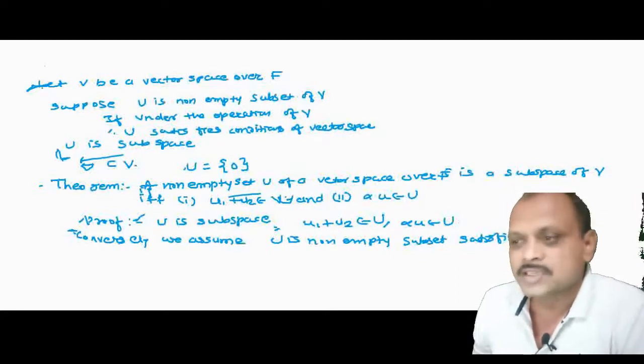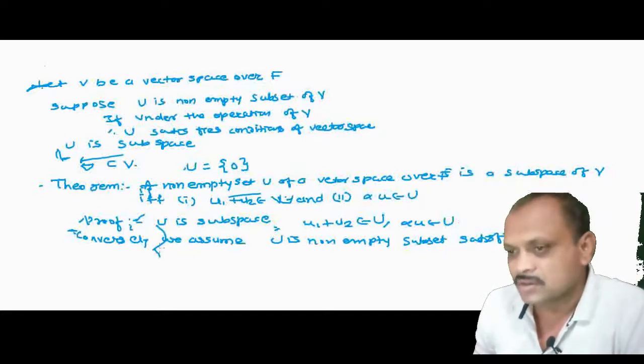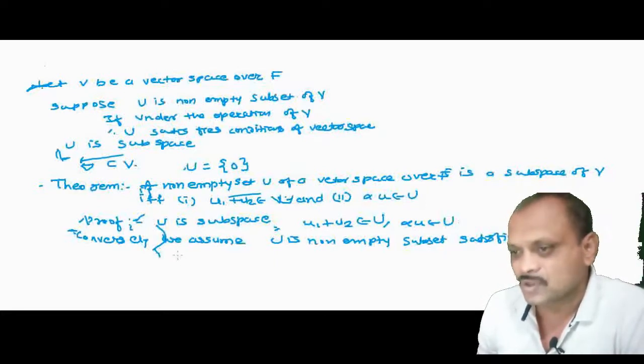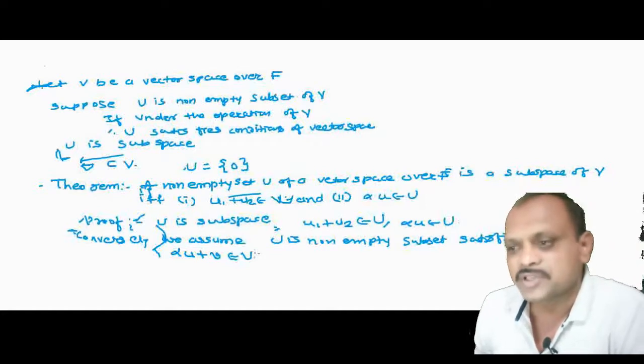Now we see that by the first condition alpha u belongs to U, and u by the second condition, alpha u plus v belongs to U. This is by combination of the two conditions.